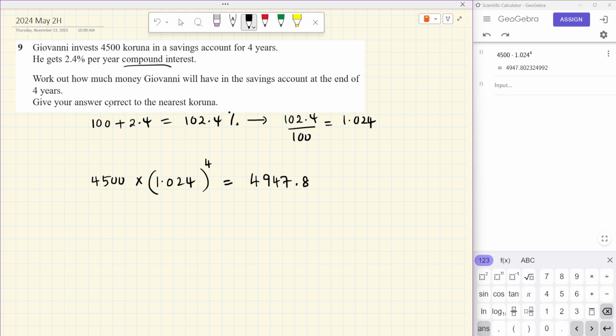Now they ask us to give this in nearest corona, that means up to here, whole number. After the whole number it is greater than 5, so we have to add 1 to this unit place, that is 4,948 corona.